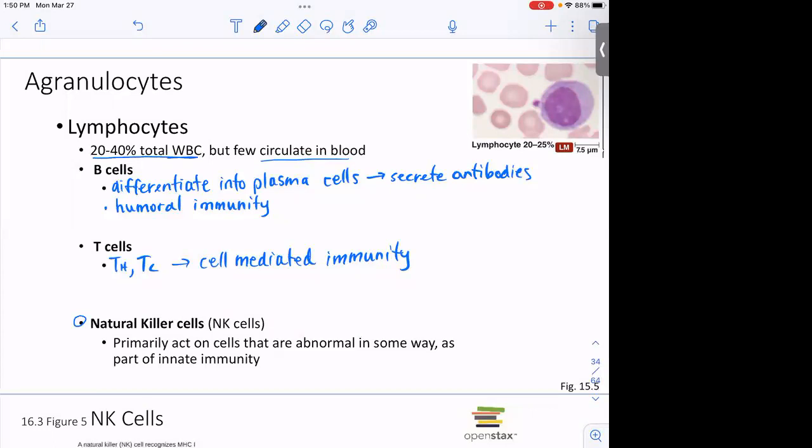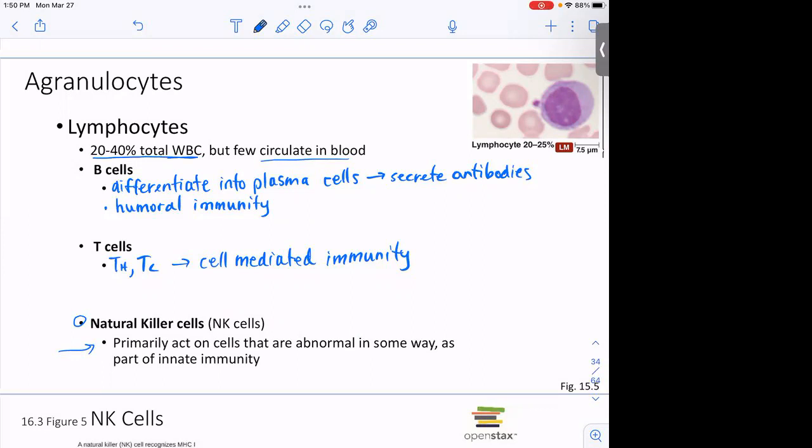They're just advertising what's going on. If that cell is not displaying what's going on inside it, that's when the natural killer cells will act on it. Some viruses can downregulate our host cell's ability to advertise that everything's okay, and that's a mechanism they have to hide out.